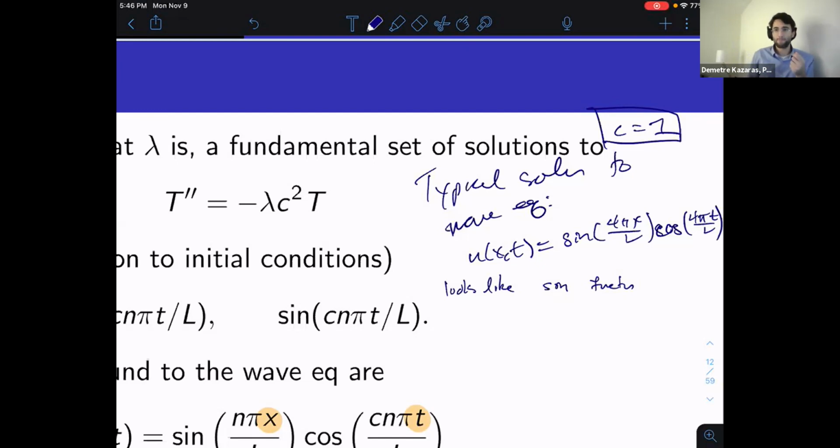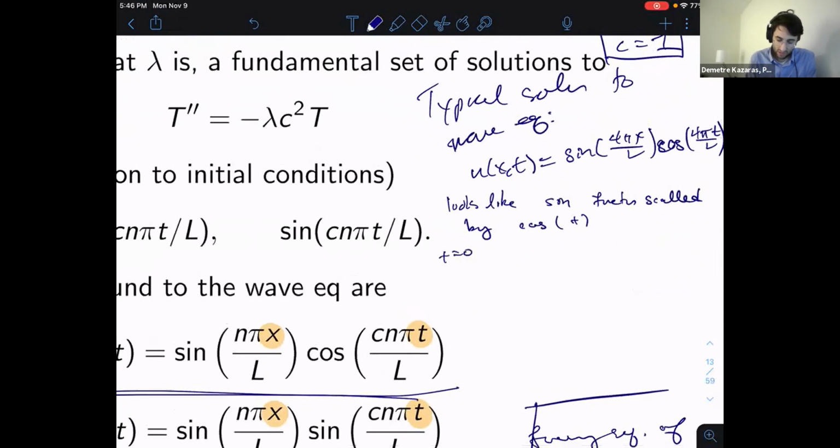So let's think about freezing t at different values. Then this solution will look like a sine function, which is scaled by cosine of t, roughly. We're speaking in very rough terms.